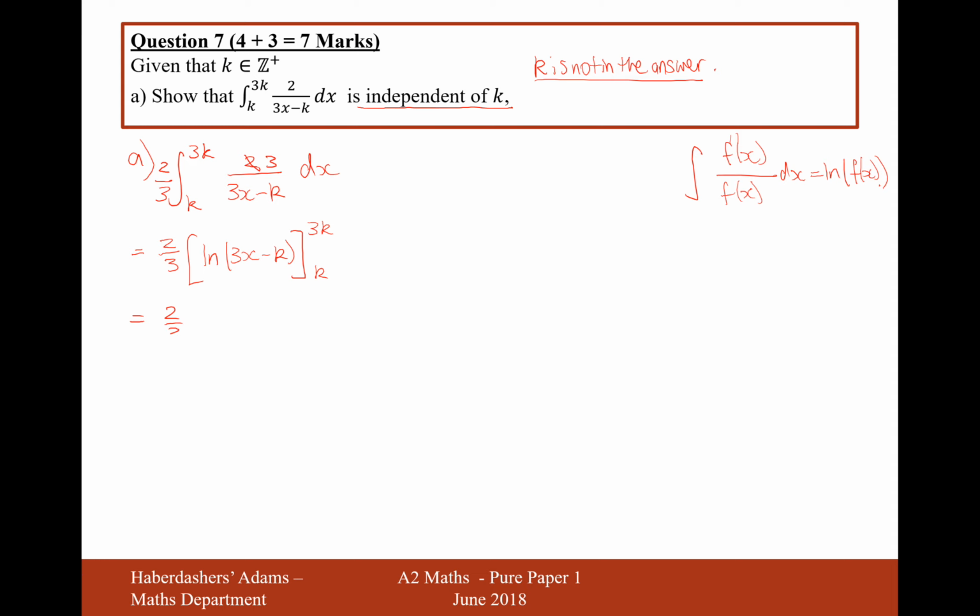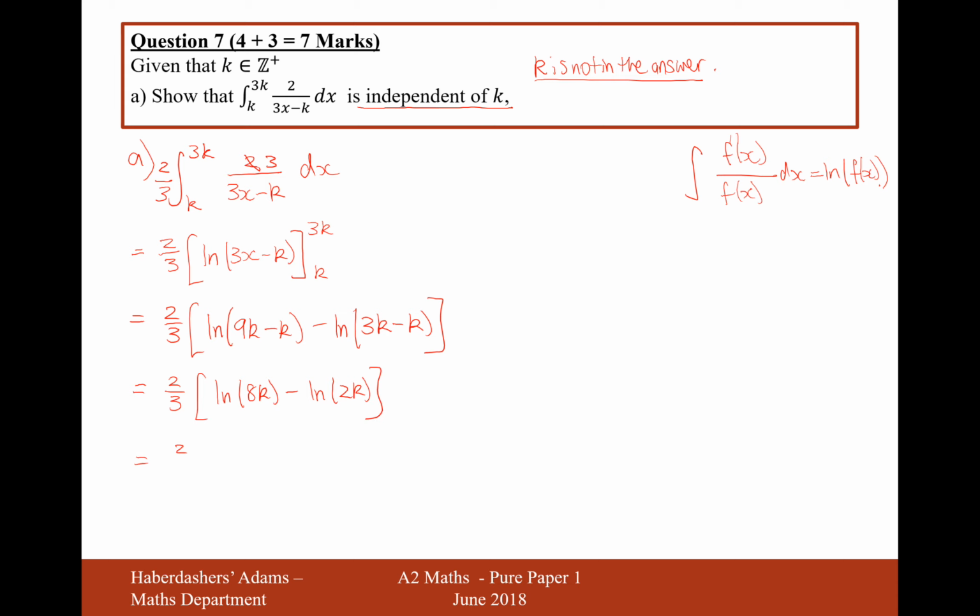It's going to be 2 over 3, and then Ln of 3 times 3k, that's 9k minus k, take away k substituted in, that's going to be Ln of 3k minus k. Okay, let's simplify what we've now got inside the brackets. 9k minus k is 8k, so it's going to be Ln of 8k minus Ln of 3k minus k is 2k.